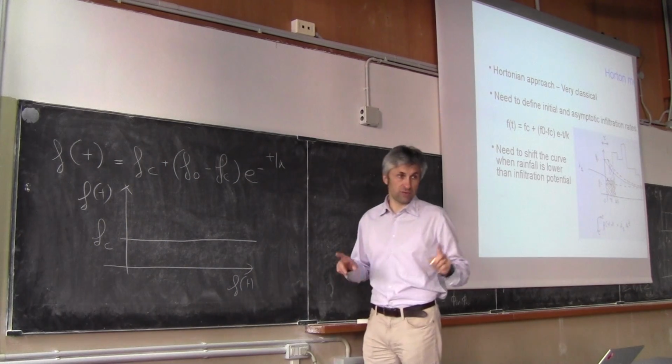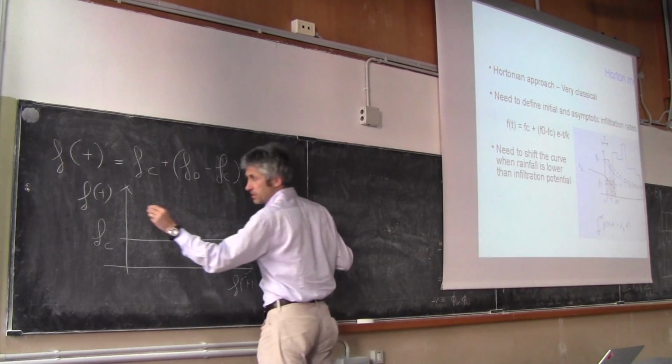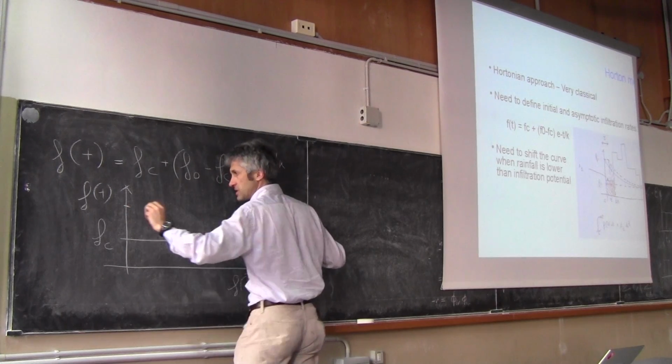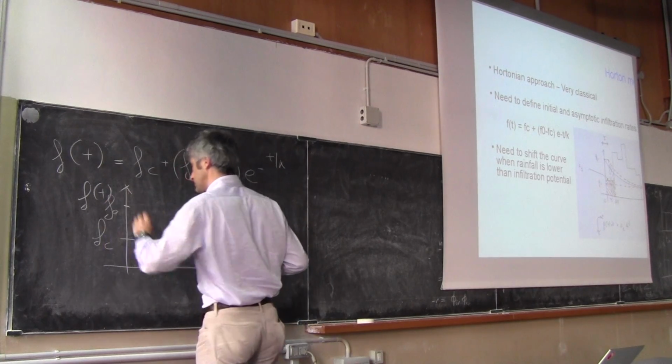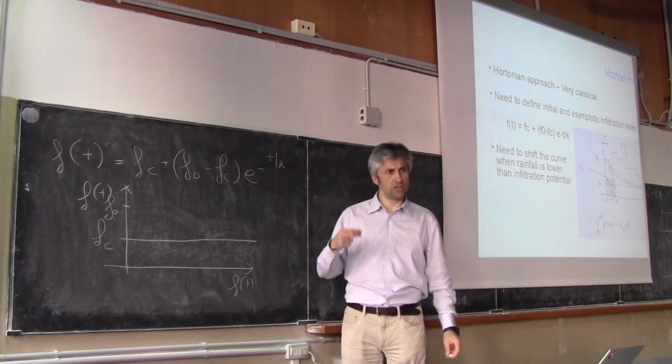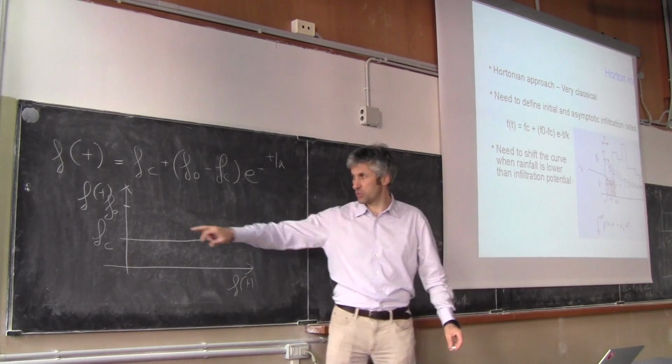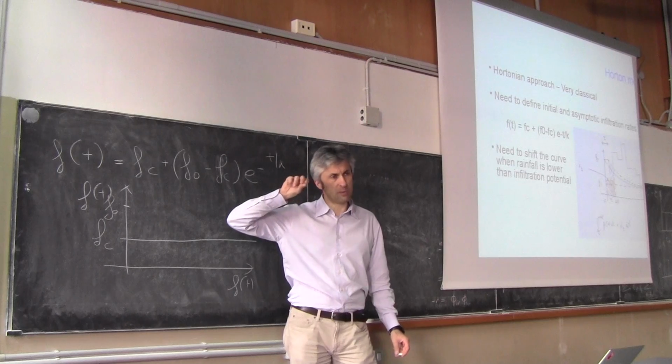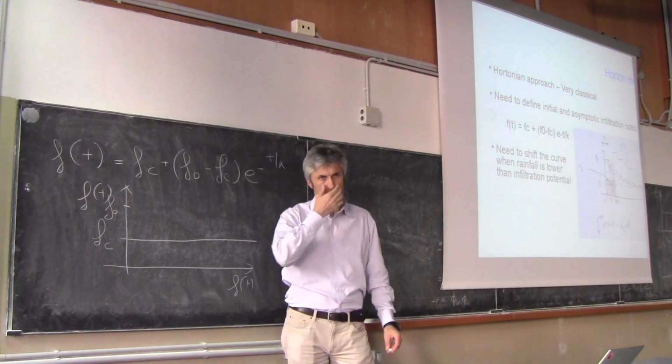And then you can identify, again on the graph, a starting value f0. So you start from an initial value of infiltration, which is f0, which takes place when the soil is dry.